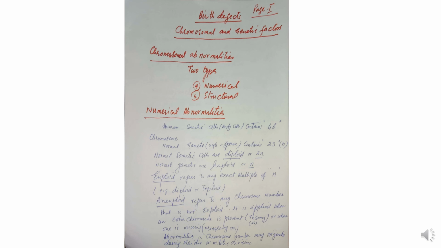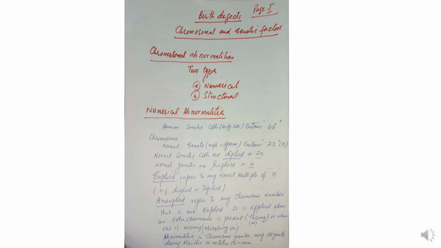So this topic is related to meiosis and mitosis non-disjunction, or there may be a structural change where a component of the chromosome may separate and either be lost or attach to another chromosome, leading to various syndromes.